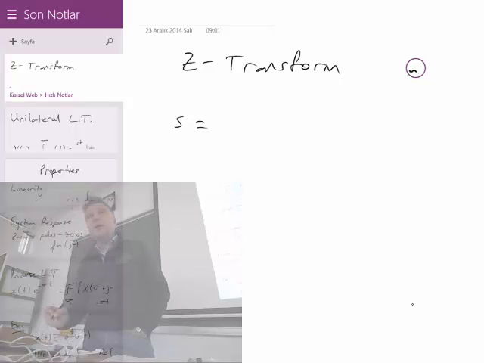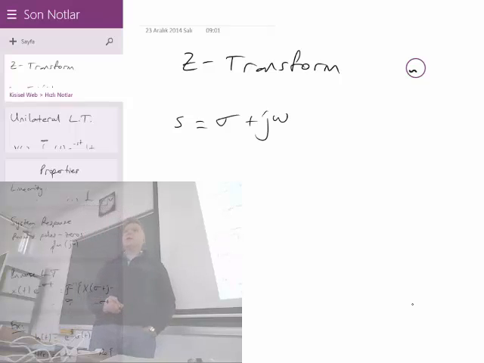We said that we assigned a new variable s, which has a real part as well as an imaginary part. Imaginary part was governing the frequency content, j omega. Sigma was more related with the region of convergence, suppression or expansion of the exponents. Now, in the discrete time Fourier transform case, if you remember, the Fourier transform that we defined was something like this.